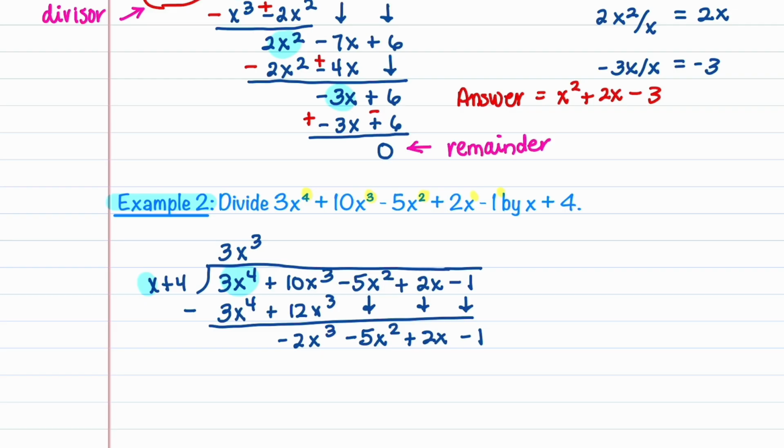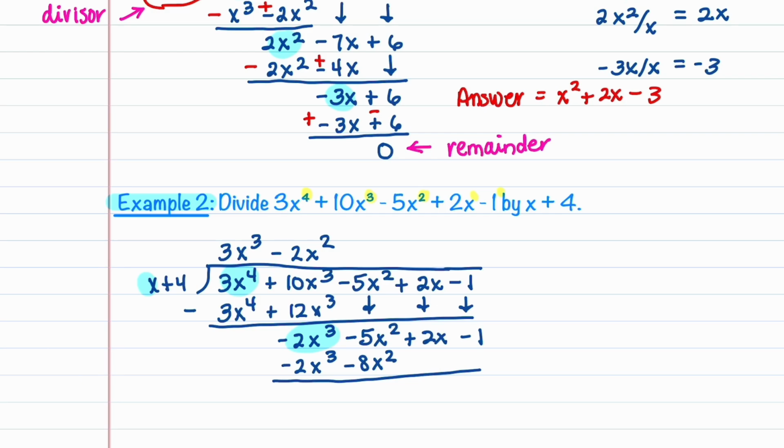Now let's do it again. We are going to take minus 2x cubed divided by x, and we get a minus 2x squared. Now we can multiply. X times minus 2x squared is minus 2x cubed. And then 4 times negative 2 is minus 8x squared. Now we're going to subtract.